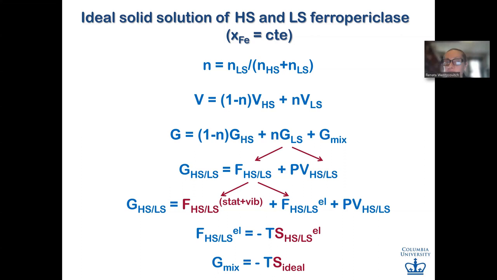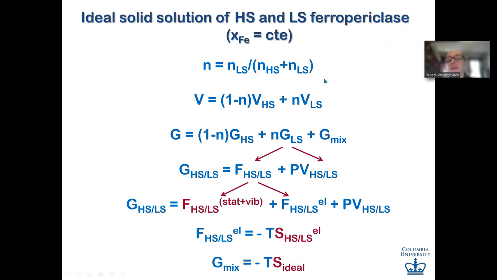The end members are solid solutions, and they are not ideal because I'm doing the calculation of MgO and FeO together. It's a solid solution, so there is interaction between these end members, right? So this is a solid solution built from end members that are solid solutions. n is the low spin fraction, okay?